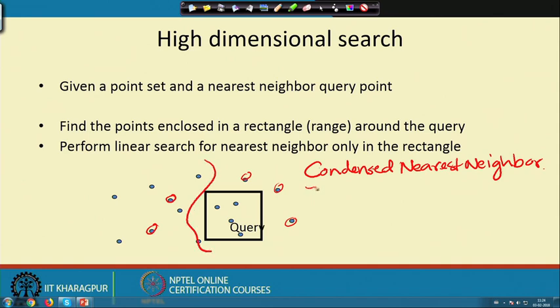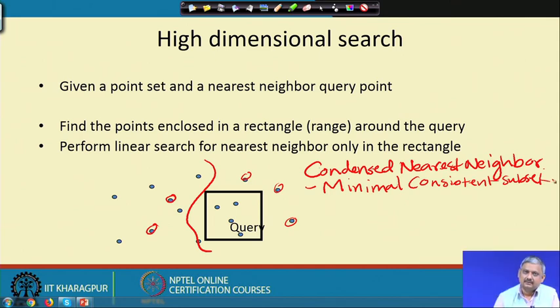We call it a minimal consistent subset. Now we have fewer points with which I have to find the distances, so the complexity goes down.